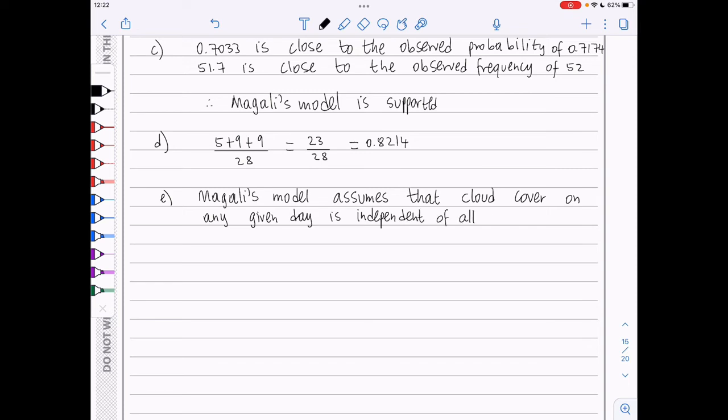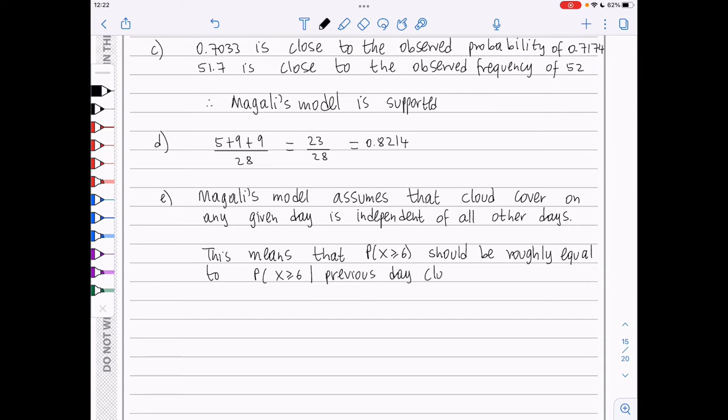In other words, this means that me telling you the cloud cover of yesterday or the day before tells you nothing about the cloud cover of tomorrow. So this means that the probability of x being greater than or equal to 6 should be roughly equal to the probability of x being greater than or equal to 6 given that the previous day's cloud cover was 8.